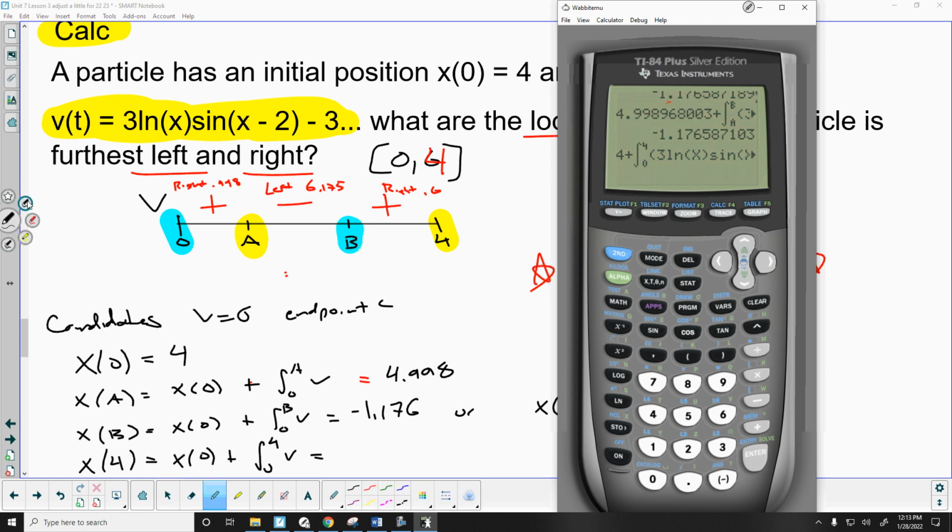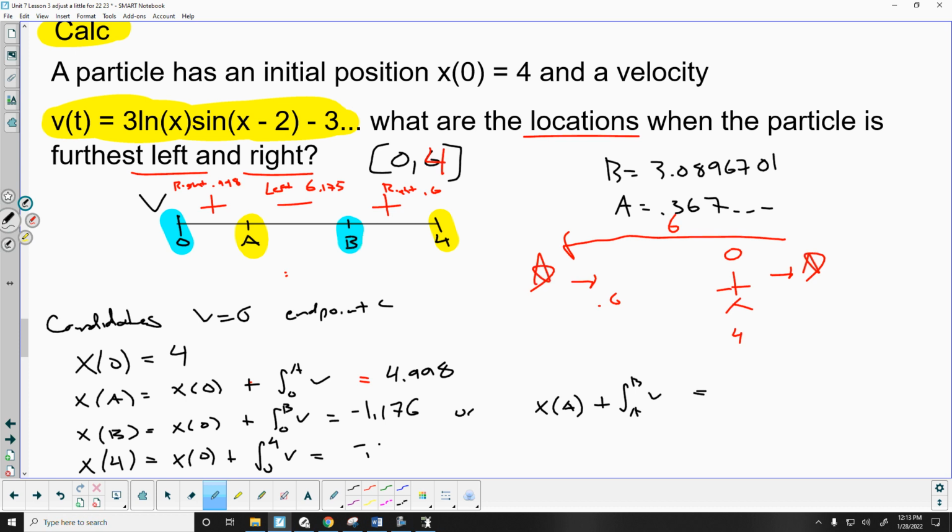If you didn't understand the displacement lesson, this is going to seem like crazy. If you don't understand motion, that the area is telling you how far you're moving, this is going to seem weird.